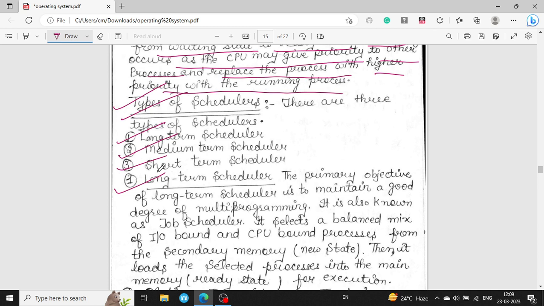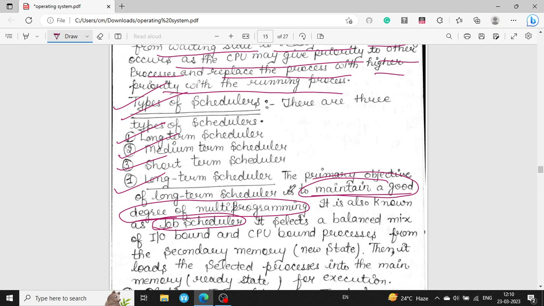Its main objective, its main motive, is to maintain a good degree of multiprogramming. Keep in mind that this is the main objective of this scheduler. The long-term scheduler is also known as the job scheduler.